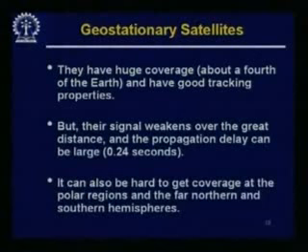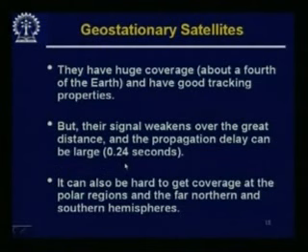So they have huge coverage, as I mentioned, about a fourth of the earth, and have good tracking properties. That means you can track them very easily, but their signal weakens over the great distance and the propagation delay can be large. The propagation delay we are talking about is of the order of 0.24 seconds.